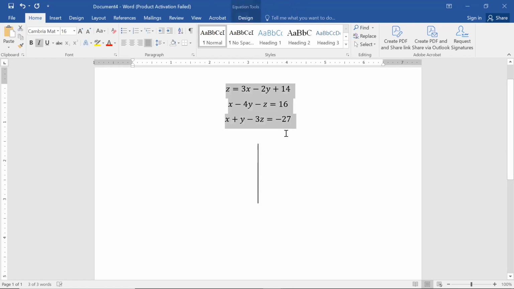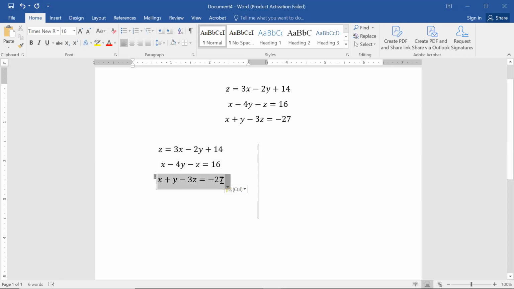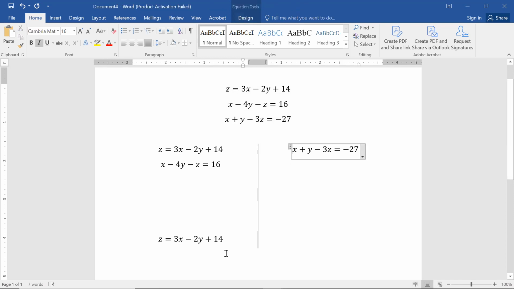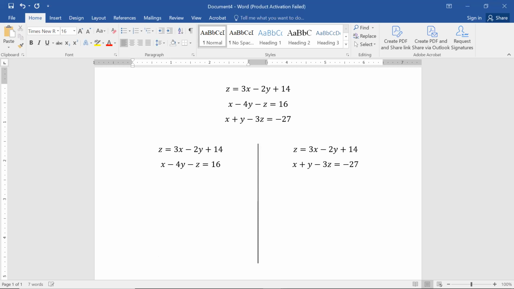Here's what I'm going to do. I'm going to pick 2 pairs of equations. And my first pair will be equation 1 and equation 2. My second pair will be equation 1 and equation 3. It's always a trick to get everything lined up in these columns.